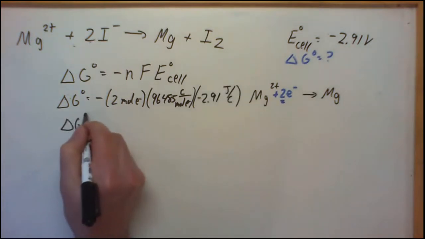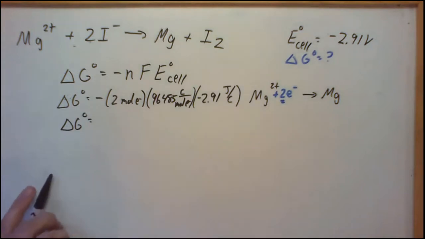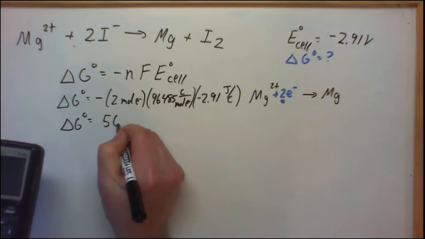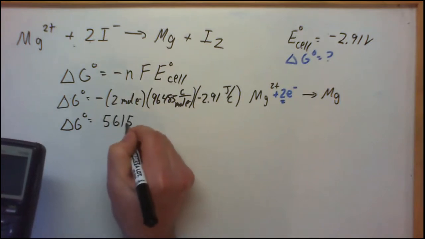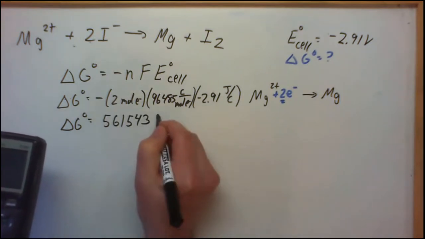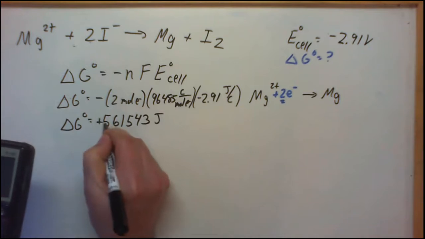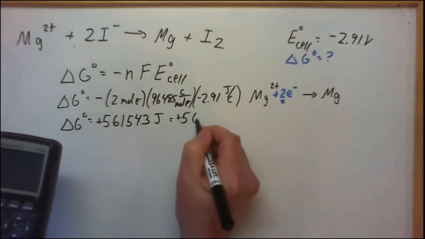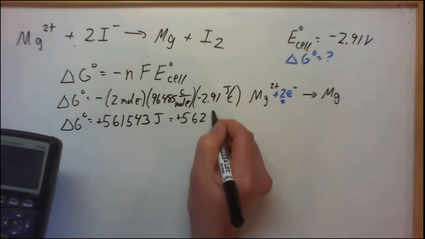So negative times 2 times 96,485 times negative 2.91 gives us a delta G value of 543 joules, or more commonly expressed as positive 562 kilojoules.